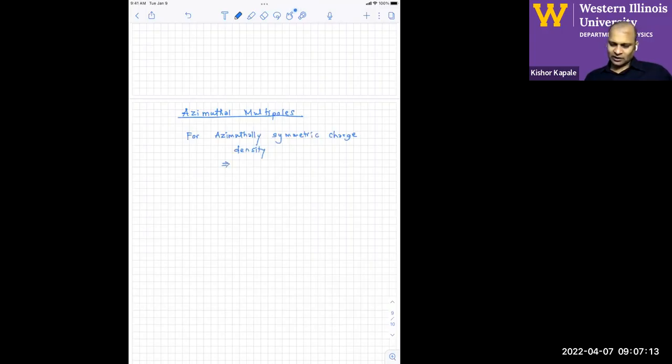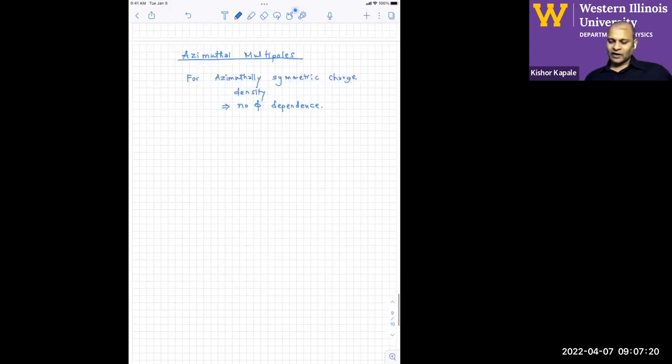In this case, it's going to be no phi dependence. If you have an infinite plane in 2 dimensions, that means it does not have any x and y dependence because x, y things are going to infinity. The field will have z dependence. And so what we have here is rho of r prime, theta prime, phi prime is basically projected onto phi, and so it's only a function of r prime and theta prime.